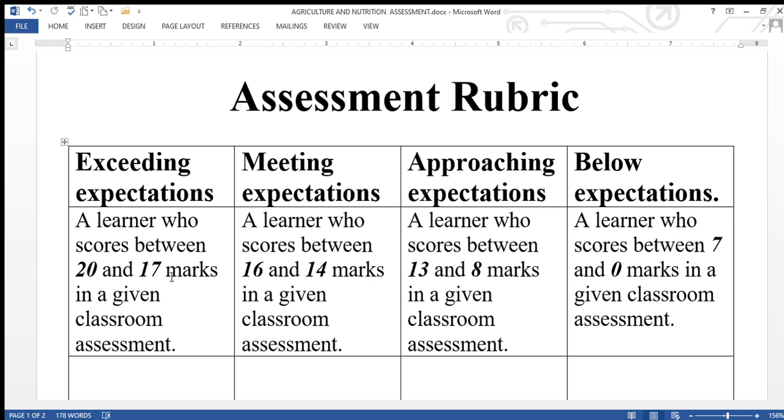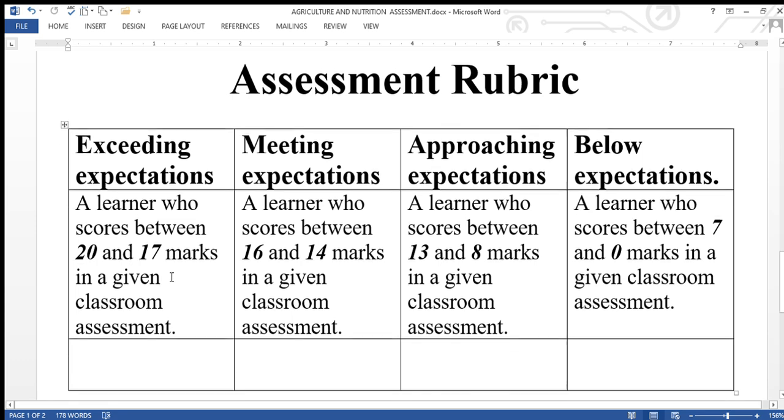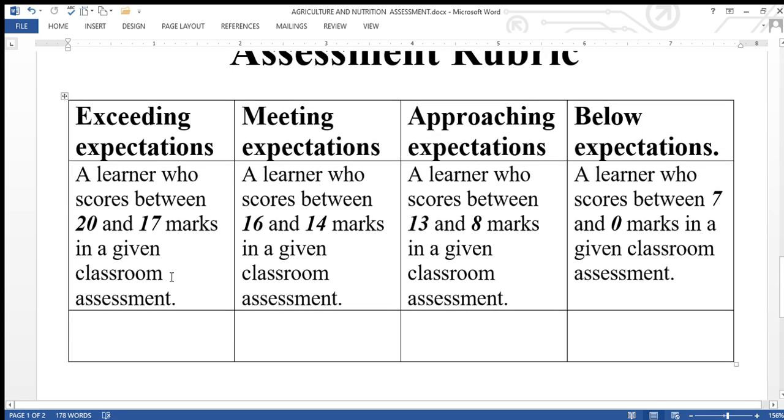I would have indicated down here in that blank space the mark that you get. If you get 20, I'll write here. So that means you exceed expectation. You get 19, 18, 17, all those learners exceed expectation.